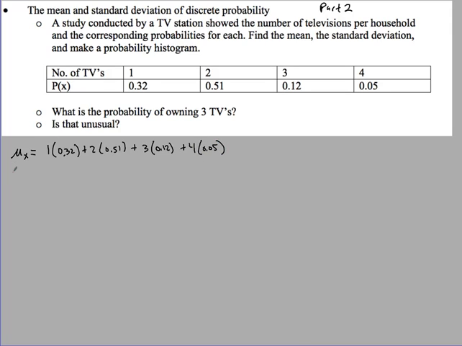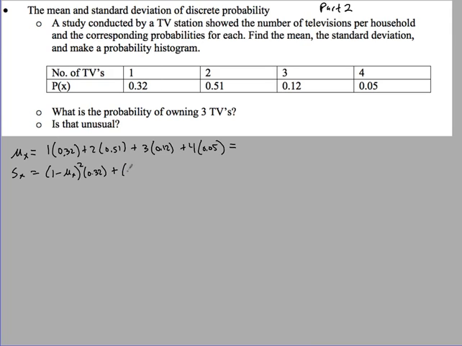Okay, and the standard deviation, what we want to do is find the distance away from whatever this mean is. So it's 1 minus the mean, squared, and then times its probability. Then add, so I take the variance away from the mean there.